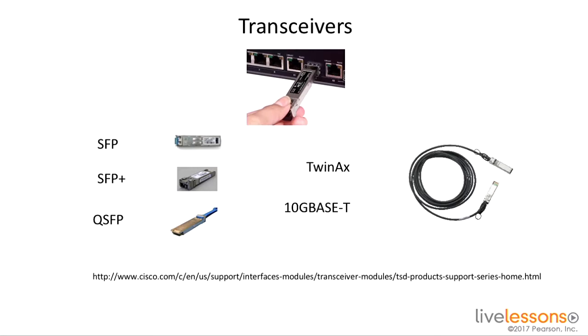I have an SFP Plus, which is basically the next version of that, and actually draws less power than the small form factor pluggable. Below that, I have a QSFP, which is actually geared towards 40 gigabit speeds. So the SFP Plus can support 10 gig speeds, where the QSFP can support 40 gig speeds.